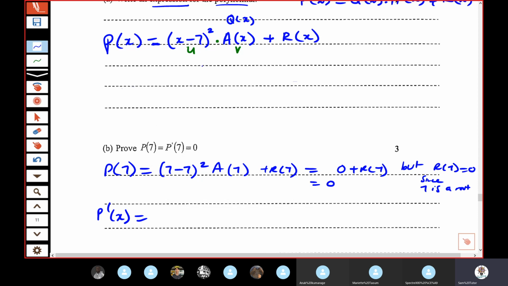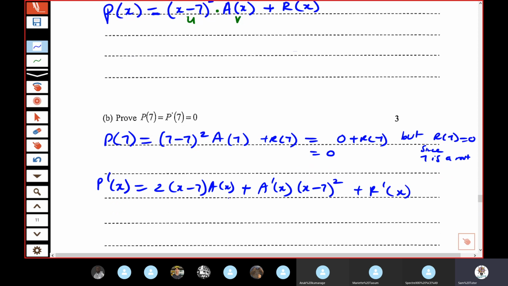Here we go. 2(x minus 7) times a of x, plus v dash, the derivative of a of x. We just write a dash of x, just like you write p dash of x. So a dash of x times u, plus r dash of x.